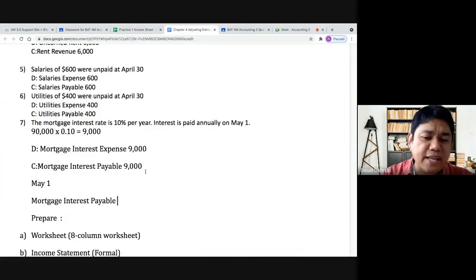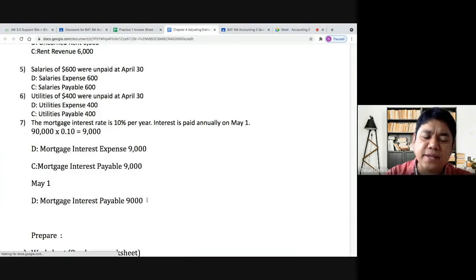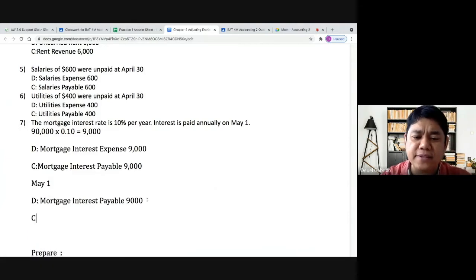It will decrease now because we are paying it, right? And what shall be credit? If I ask you, debit, mortgage interest payable, and then when we are paying that now, the credit should be what? Cash of $9,000 upon the time of payment.